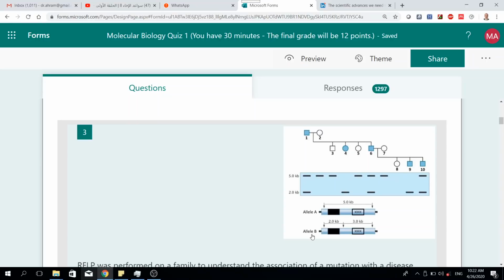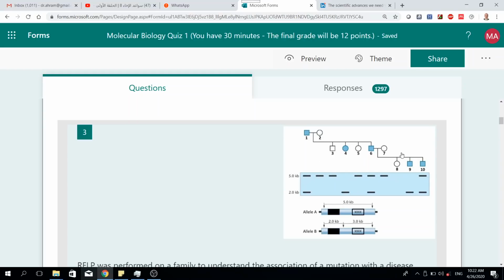Allele B has 3 restriction sites, so the probe would detect a 2 kilobase DNA fragment. This is the location where the probe binds, right here in the black box.